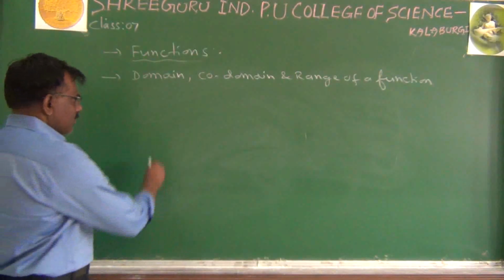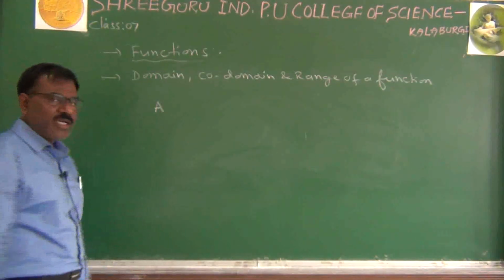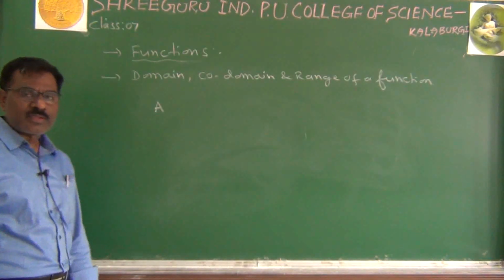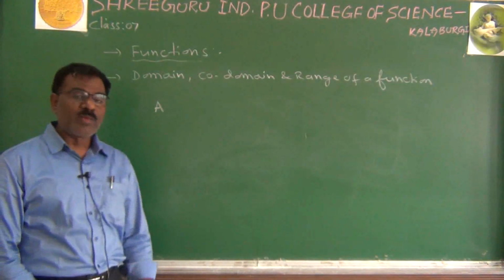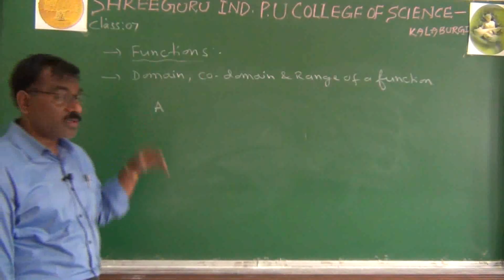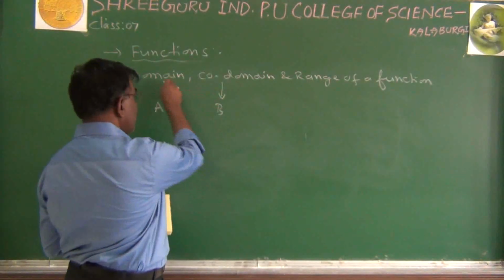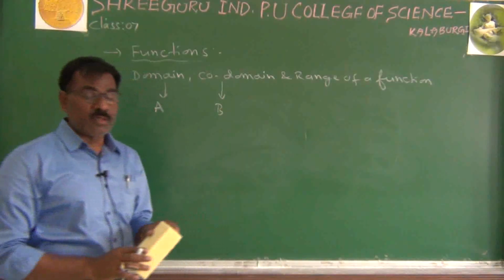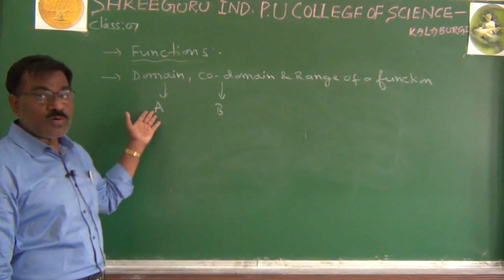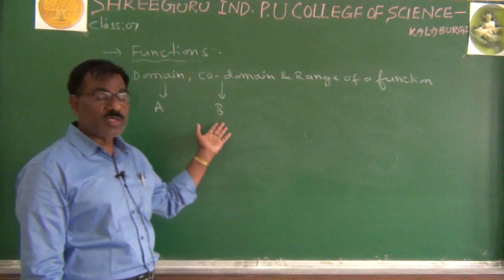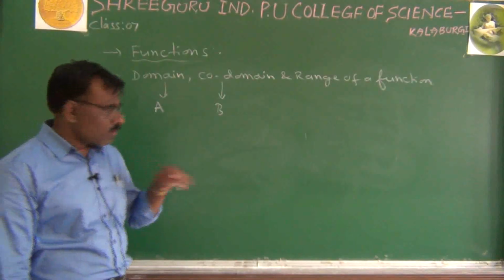Domain means the set A is called, the elements of set A are called the domain, and the elements of set B are called the codomain. So what is the range?